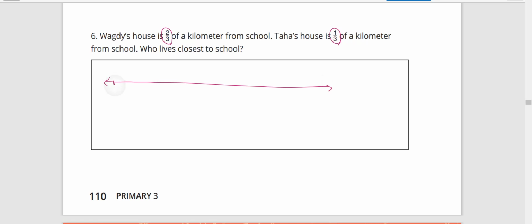Start from 0 and end at 1. Divide it into 3 equal parts. The fractions here are 1/3 and 2/3 and 3/3.